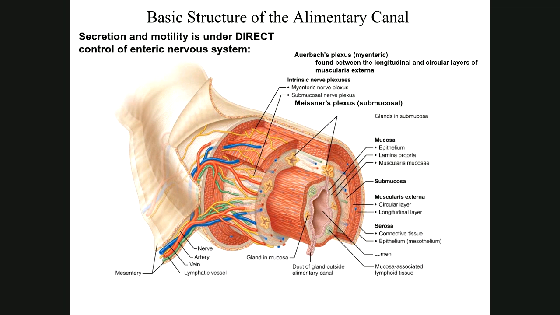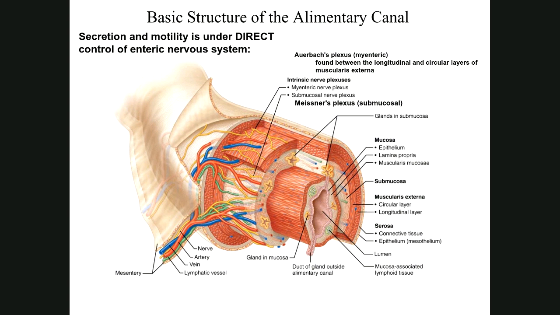Serosa is the outermost layer, which is made of visceral peritoneum, right? Areolar connective tissue again, covered by the epithelium, the mesothelium, which is a single layer of squamous epithelium in most organs.